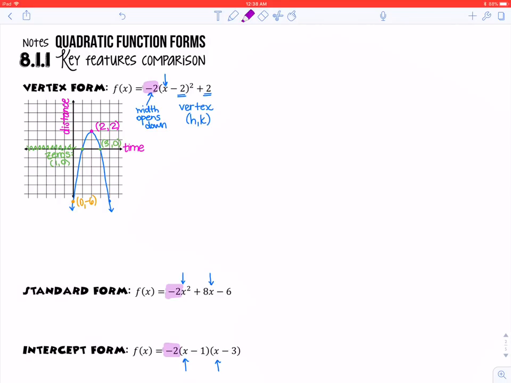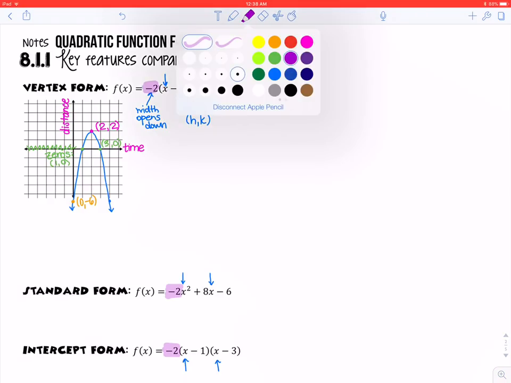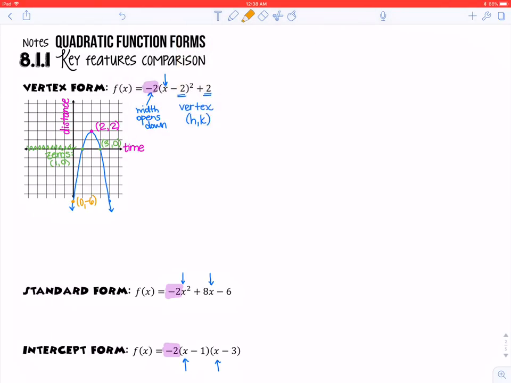A is always a. Now what I'm super curious about is, do we recognize any of the other numbers that we see? Like for instance, we know in vertex form that this value of 2 and 2 comes from the vertex that's part of our graph.